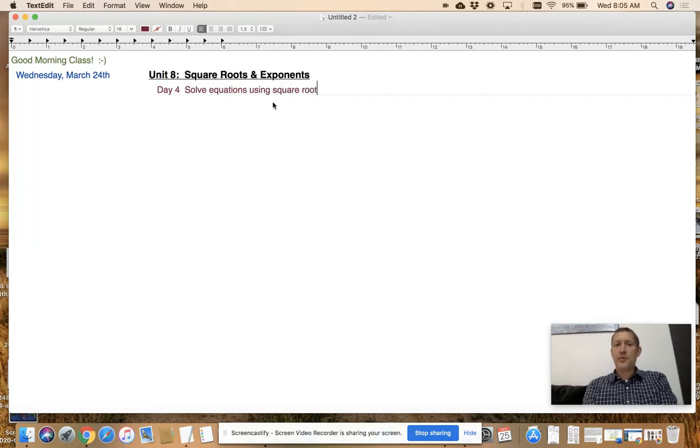Now, if we're using square roots, what do you think that we're trying to undo? What's the opposite of a square root? The opposite operation is squaring, right?